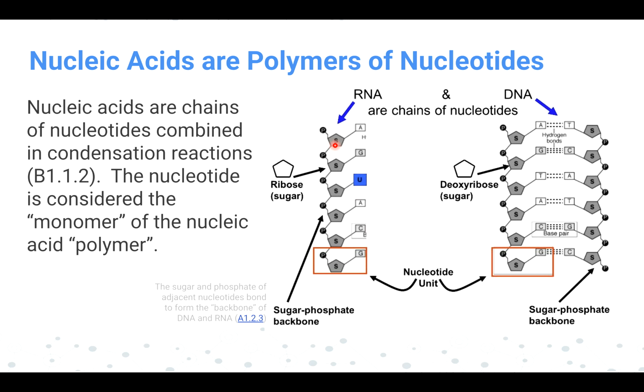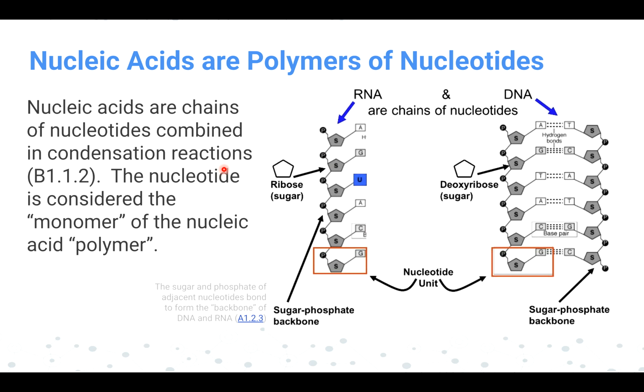And the sugar and the phosphate molecules make a rigid backbone for the structure of the molecule to retain. So nucleic acids are polymer units made up of many nucleotides joined by condensation reaction.